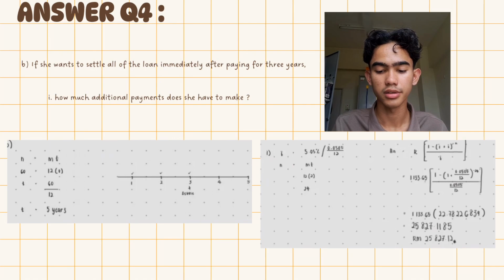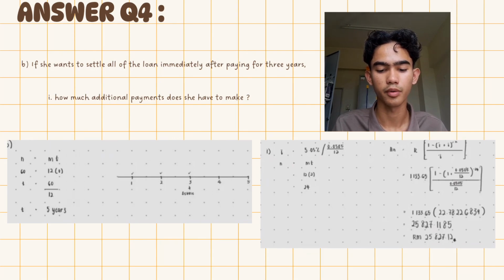Now to calculate the additional payments, we know that our I is 0.0505 per 12, N equivalent to MT, our M is 12, our T is the remaining 2 years. Calculate it, and our N will be 24 months. Using the formula A equivalent to R multiplied by 1 minus 1 plus I powered by negative N divided by I, we will get 1133.65 multiplied by 1 minus 1 plus 0.0505 per 12 powered by negative 24 divided by 0.0505 per 12.